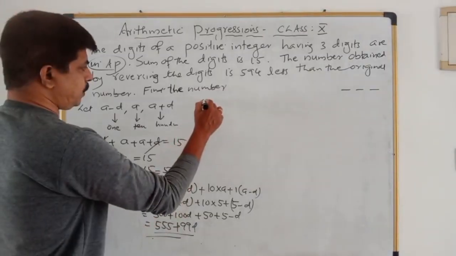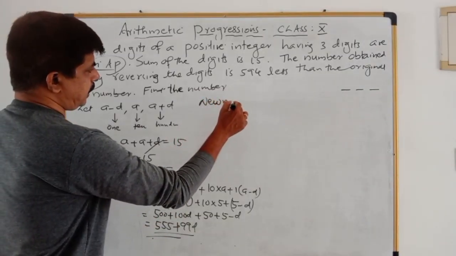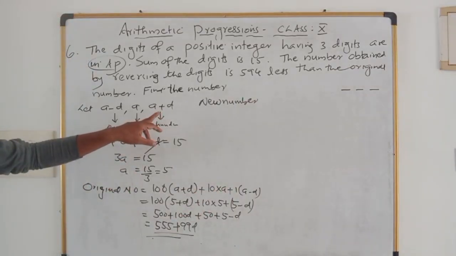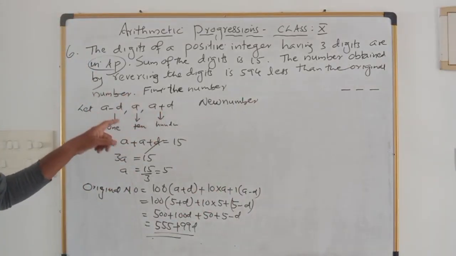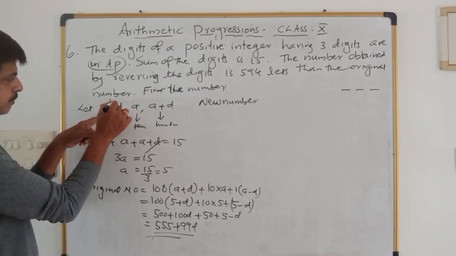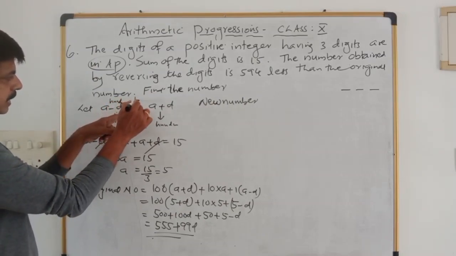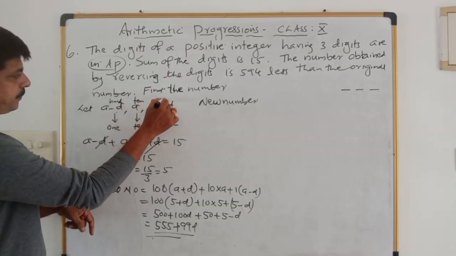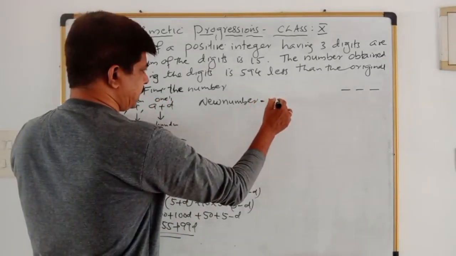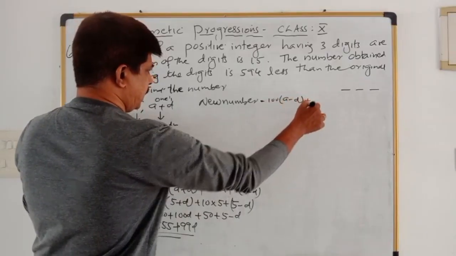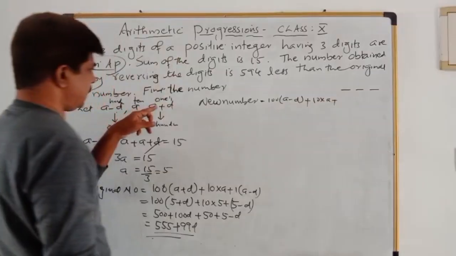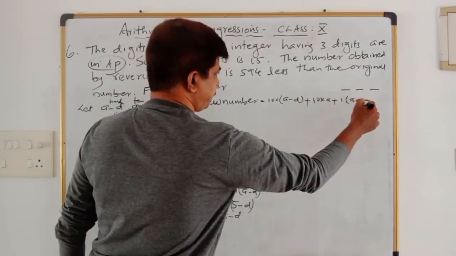Now we have to form the new number. How will we form the new number? We take the digits in the reversing order. Then a minus d becomes the hundreds place, a is the tens place, and a plus d will be the ones digit. So 100 will be multiplied by a minus d, 10 by a, and 1 by a plus d.